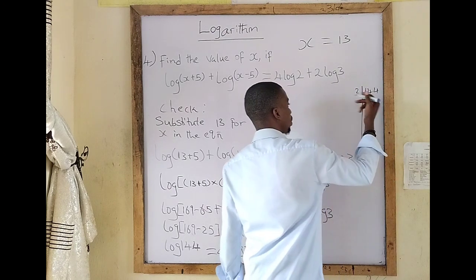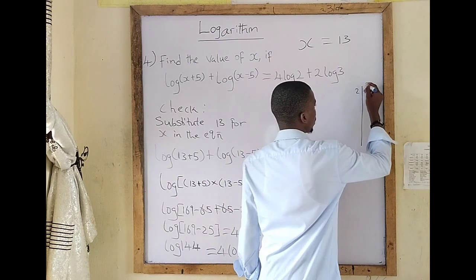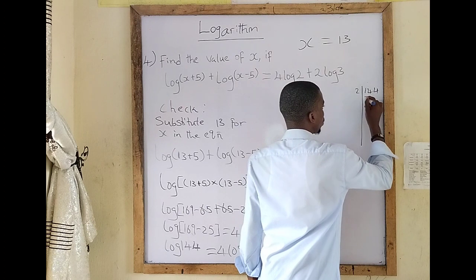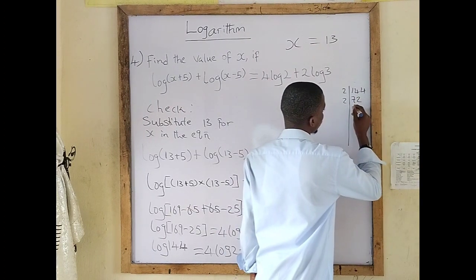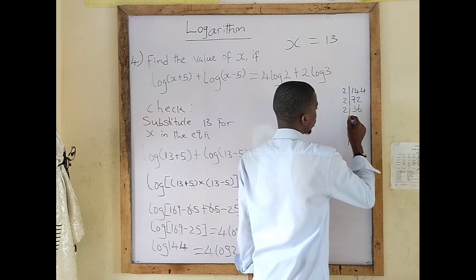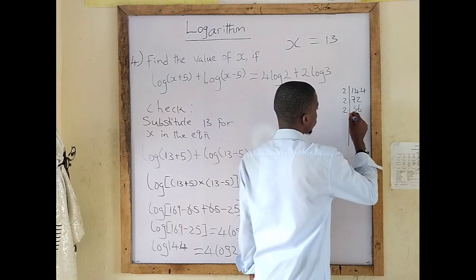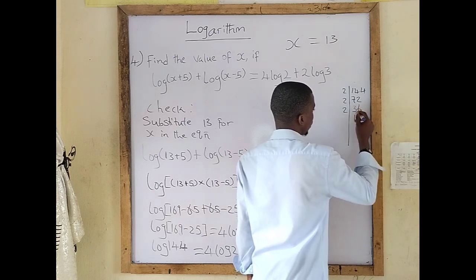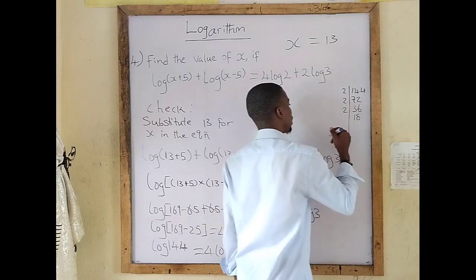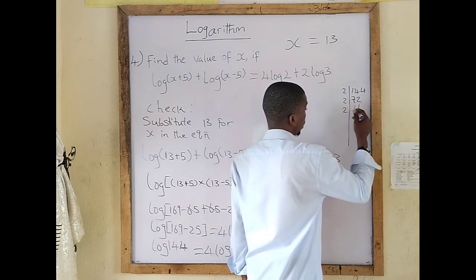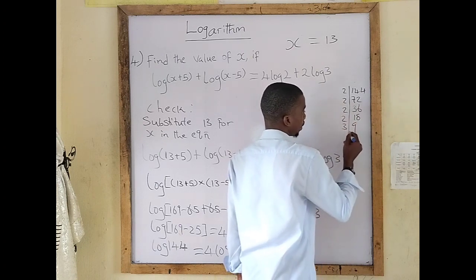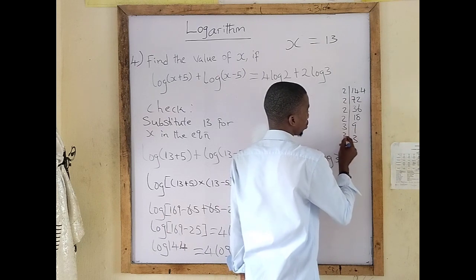2 goes into 14, that is 7 times, goes into here 2, so we have that 2 goes into 144 72 times, and 2 goes into 72, okay, 36 times, and 2 will go into 36 how many times? 18 times. 2 goes into 18 9 times, and 3 goes into 9 3 times, 3 goes into 3 1.